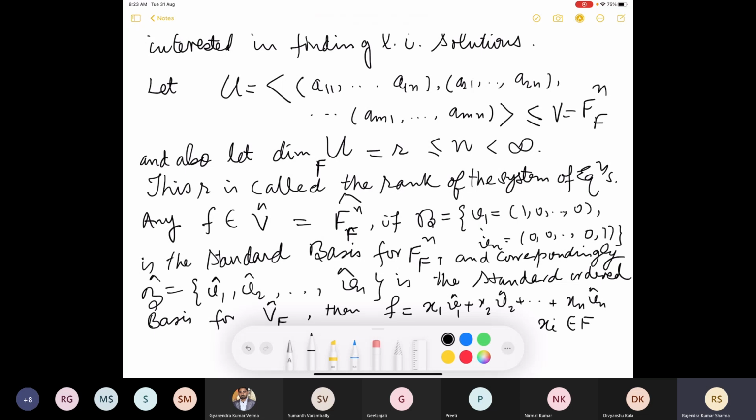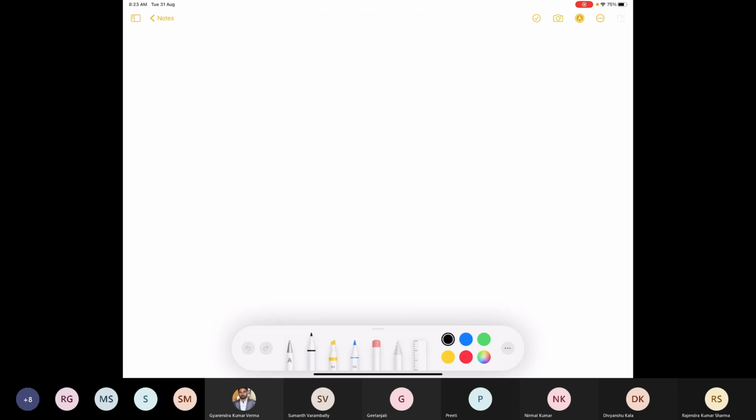So what we see here is, if you have any element here in the annihilator, any arbitrary element will be a linear combination of this type.